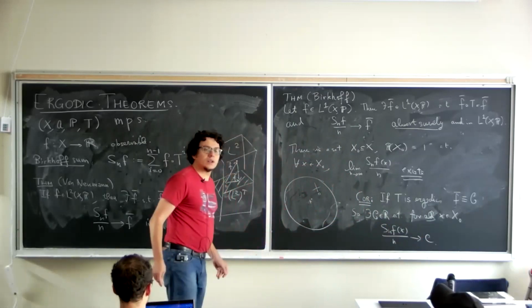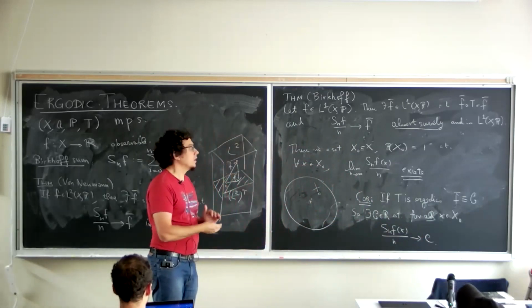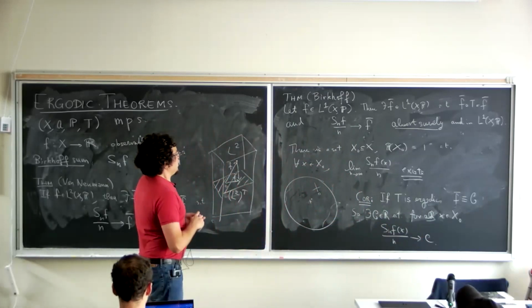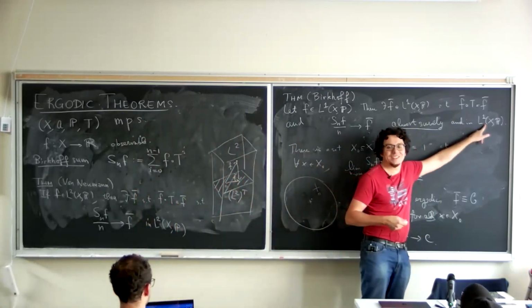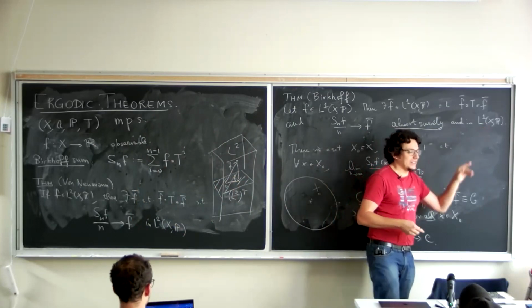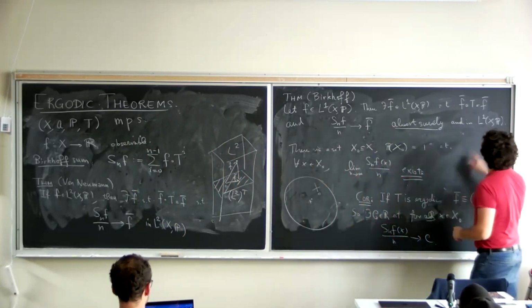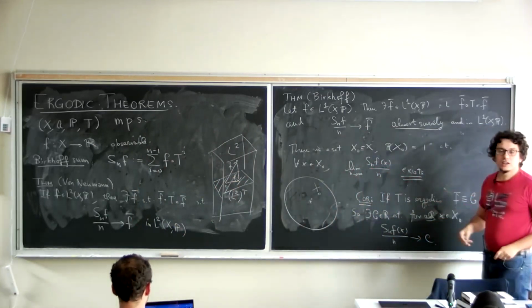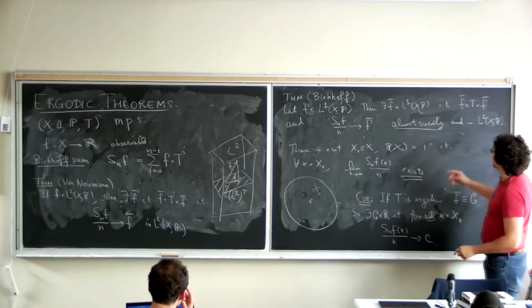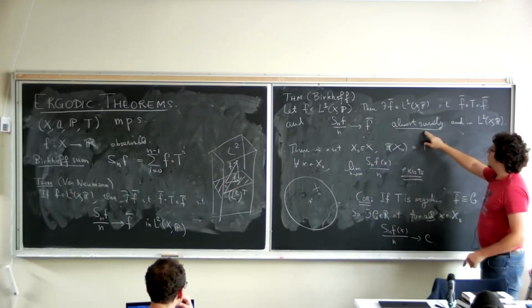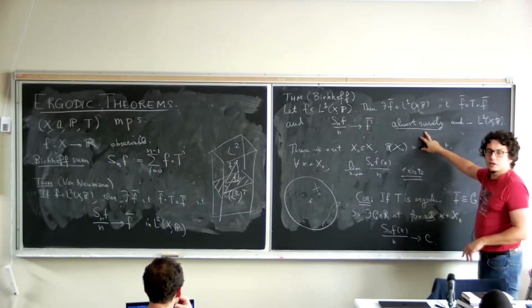Yes. Can one get von Neumann's theorem from Birkhoff's? Well, of course, especially from this one. So there's two answers. Of course, if you converge in L1, you will converge in L2, I think. But then the other thing is, you can integrate, right?